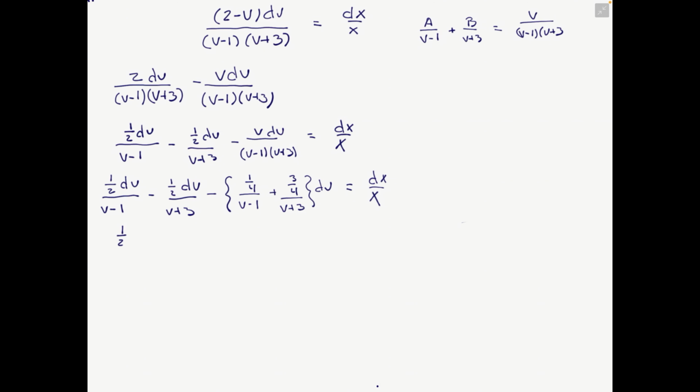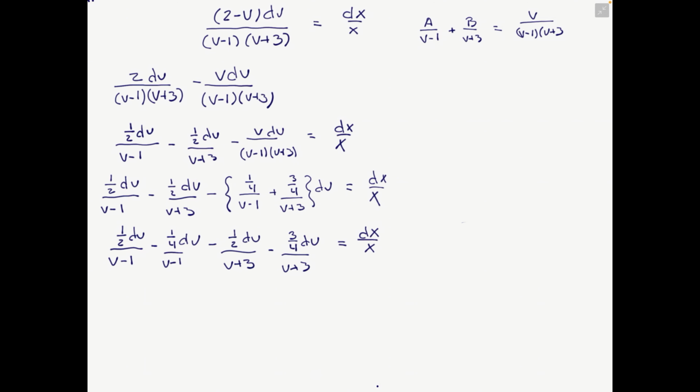So we got 1/2 dv on v minus 1 minus 1/4 v minus 1 dv minus 1/2 dv on v plus 3 minus 3/4 dv on v plus 3 equals dx on x, and that gives us, this is minus 2/4.